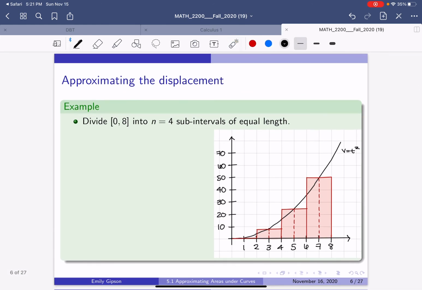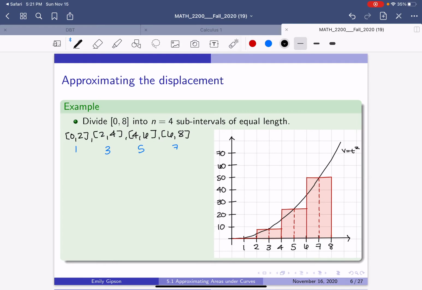So the next step is to divide into 4 subintervals. 8 divided by 4 is 2, so 0 to 2, 2 to 4, 4 to 6, 6 to 8. And we get our midpoints 1, 3, 5, 7.